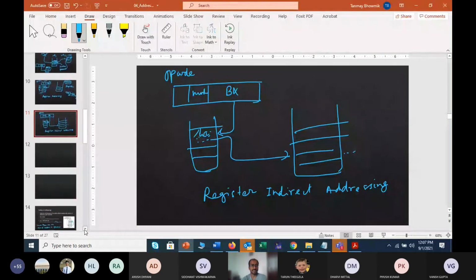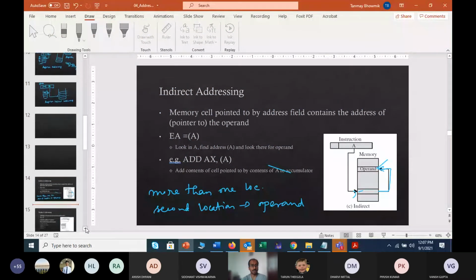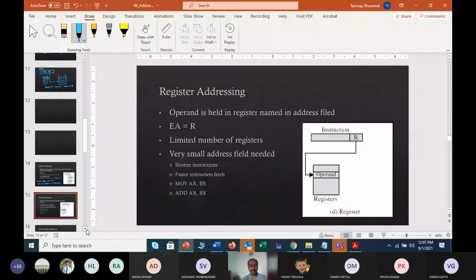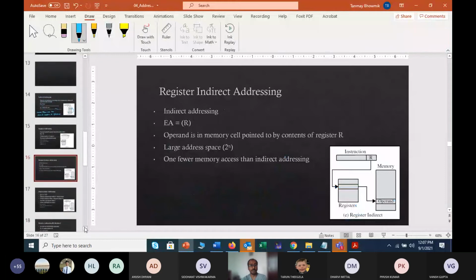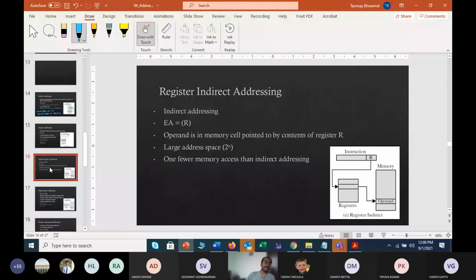So this was register indirect addressing, and we will also see some advantages and disadvantages. This was register direct, that means register addressing. This is register indirect addressing, and another example will be displacement addressing. So what is the advantage of register indirect addressing?